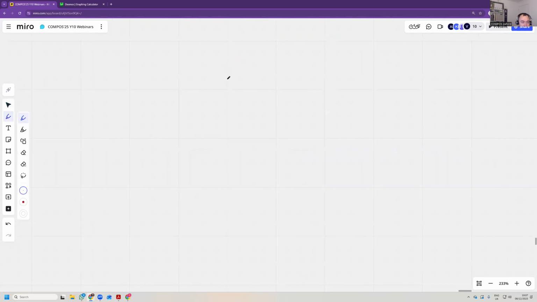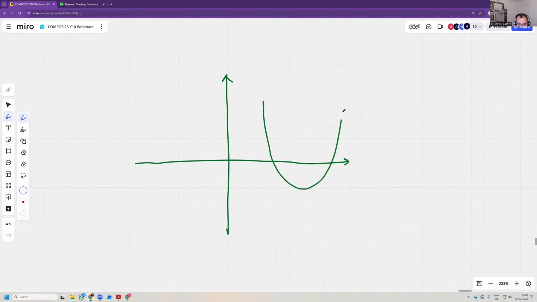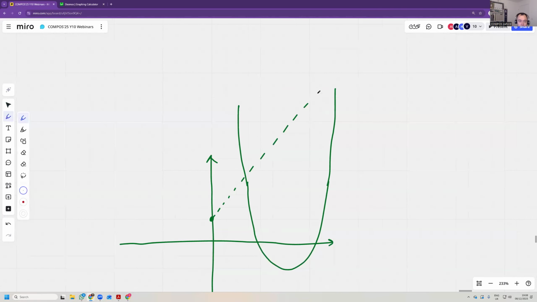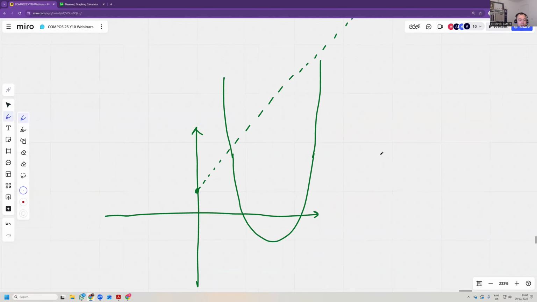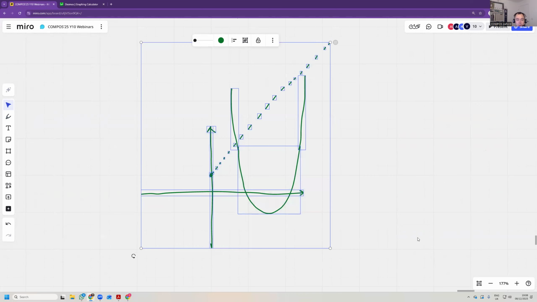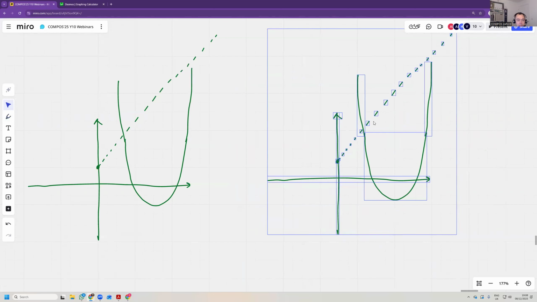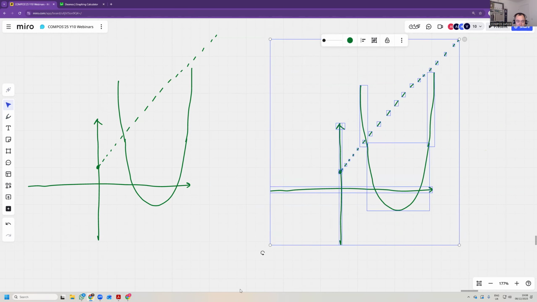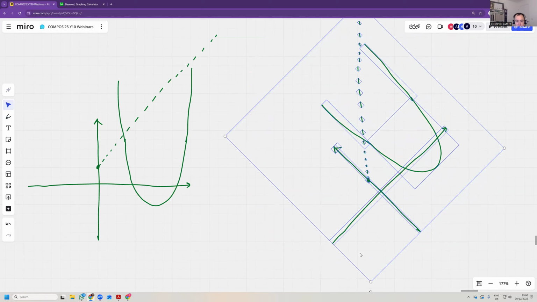Imagine I have a parabola like this, and I want to reflect that parabola in this line. So what I would do in this particular case is first rotate the parabola like this.